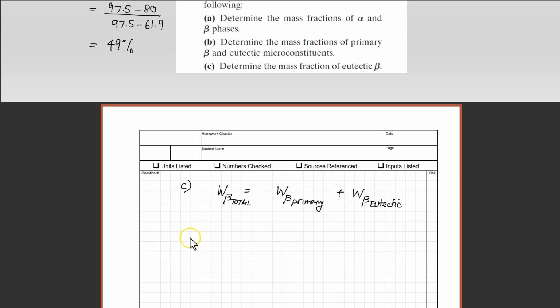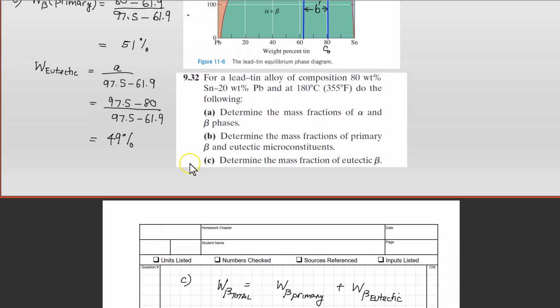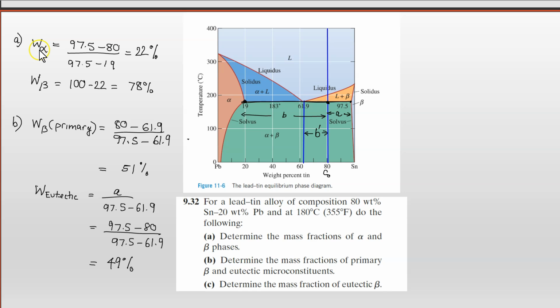We're looking for this quantity here, so the mass fraction of beta in the eutectic is going to equal mass fraction beta total minus mass fraction beta primary. We calculated what the mass fraction beta total was over here.